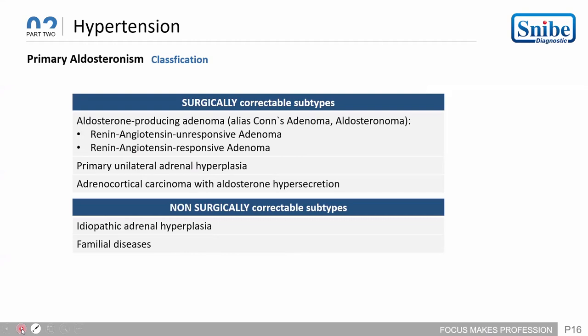If we talk more about primary aldosteronism classification, there are surgically correctable subtypes like aldosterone-producing adenomas, such as Conn's adenoma or aldosteronoma, the renin-angiotensin unresponsive adenoma, or the renin-angiotensin responsive adenoma, or primary unilateral adrenal hyperplasia, or adrenocortical carcinoma with aldosterone hypersecretion.